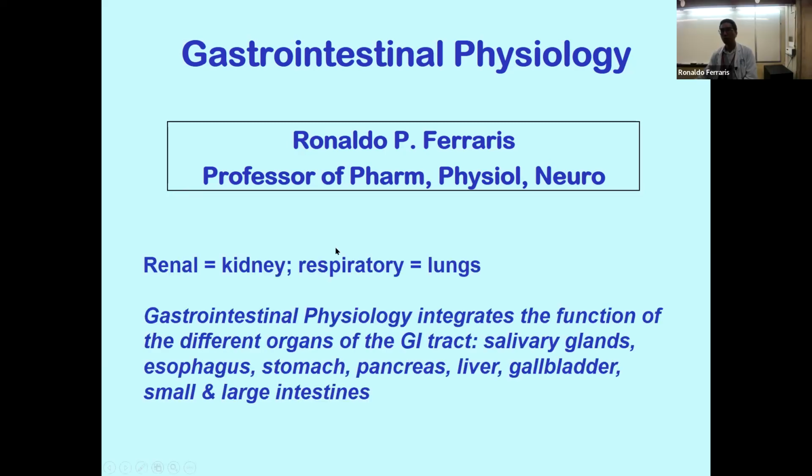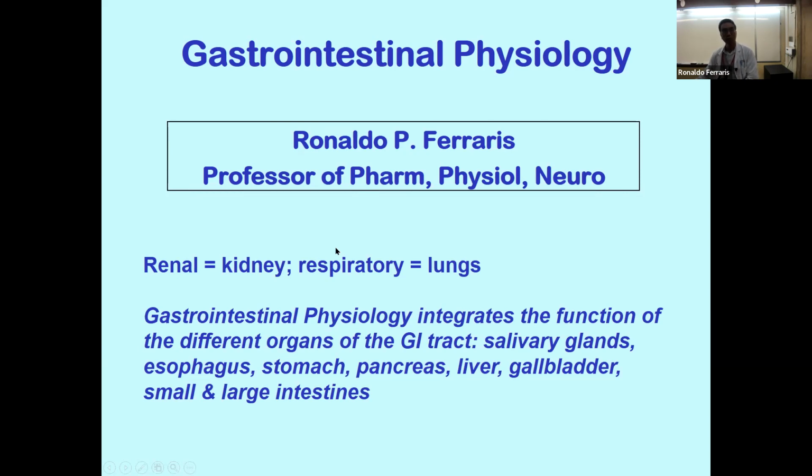In that branch you dealt mainly with the lungs, a little bit with the heart, but mainly the lungs. After my series of lectures, you will have renal physiology, where you will mainly deal with the kidney.